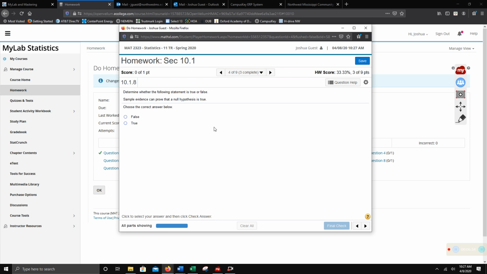So either we have sufficient evidence that supports our alternative hypothesis, so we reject the null and keep our alternative, or we don't find sufficient evidence to support that, so then we fail to reject the null hypothesis. So here we don't ever prove anything. All right.